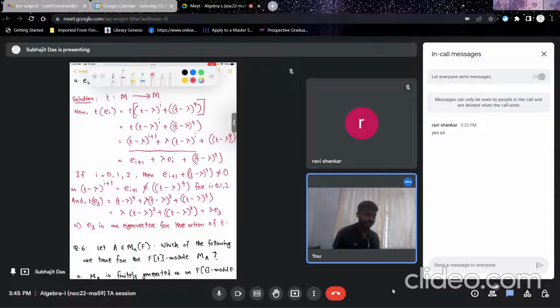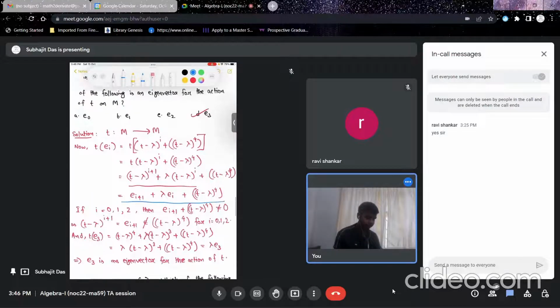So what is T Ei? T Ei is E(i+1) plus lambda times Ei plus the ideal generated by (t minus lambda)^4. It's this, right? This particular line that I have written. If you take i equal to 3, then E(i+1) is just E4, that is (t minus lambda)^4. So that vanishes. That belongs to the ideal, which means it vanishes as a coset, so you are only left with T Ei equal to lambda Ei, or rather the coset of lambda Ei, which means that Ei is an eigenvector, right?